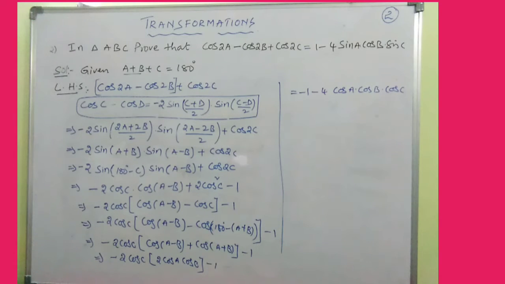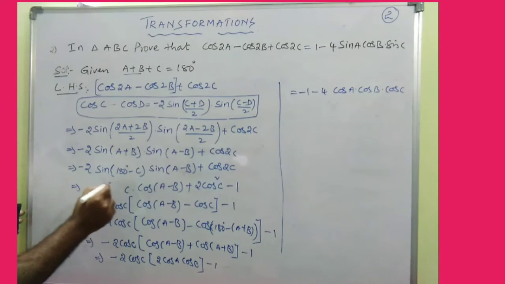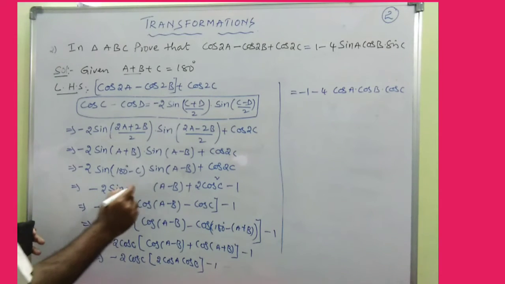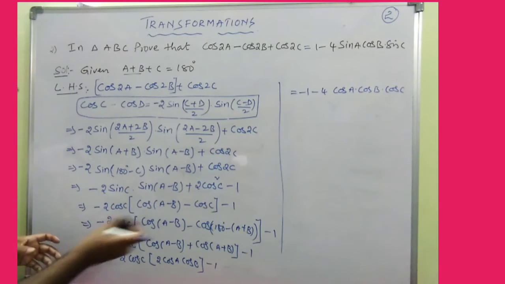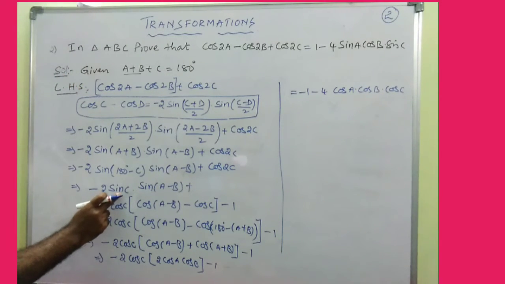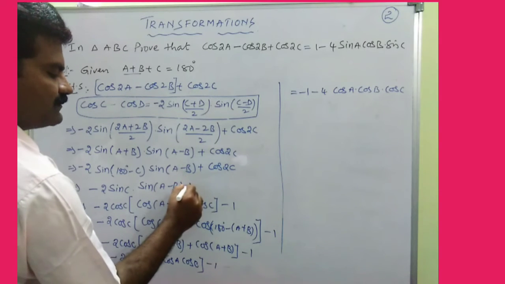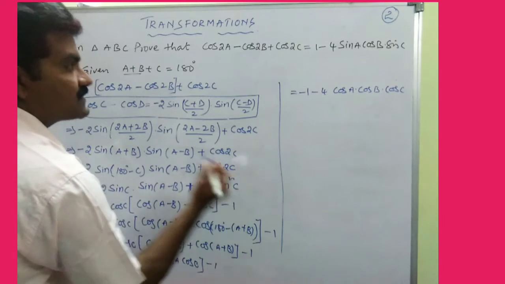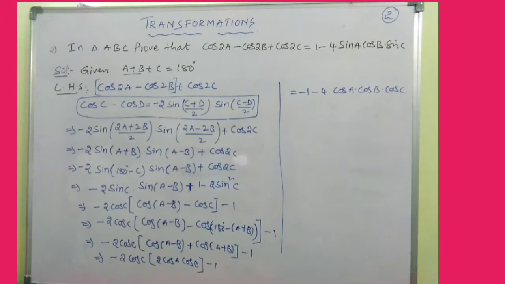So just wait for the cos 2C until the last. Now you see 180 minus C, which is sine C, second quadrant actually positive, plus into minus anyhow minus. So this is 2 sine C into sine of (A minus B), which plus, now you see cos 2C formula. Here we got in terms of sine, so here also you can write it in terms of sine, that is 1 minus 2 sine square C.